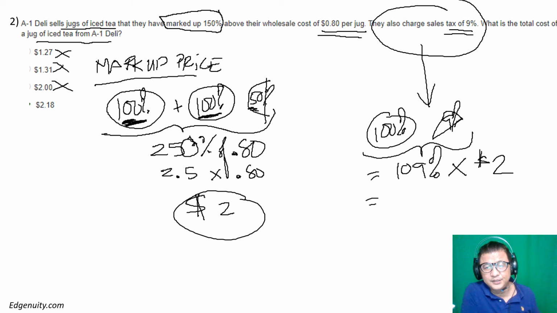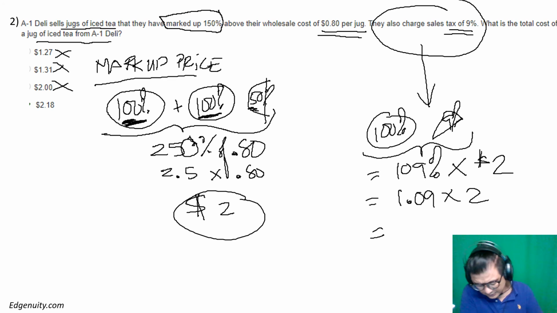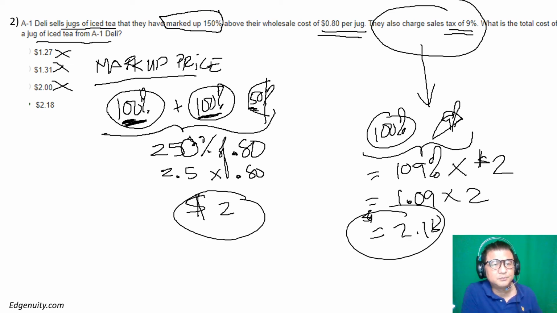And if you solve 109%, that becomes 1.09. Let's write it down. 1.09 times 2. Get your calculator. 1.09 times 2, you will get $2.18. All right, so correct. This will be the final choice.